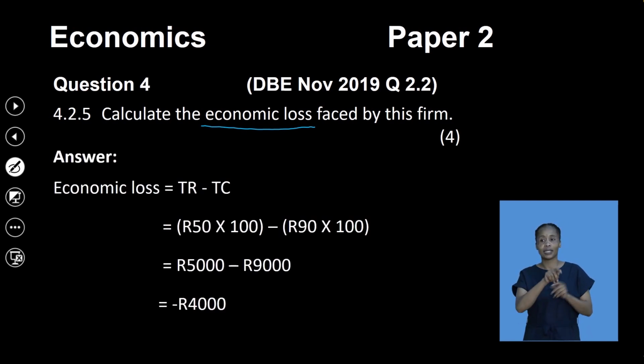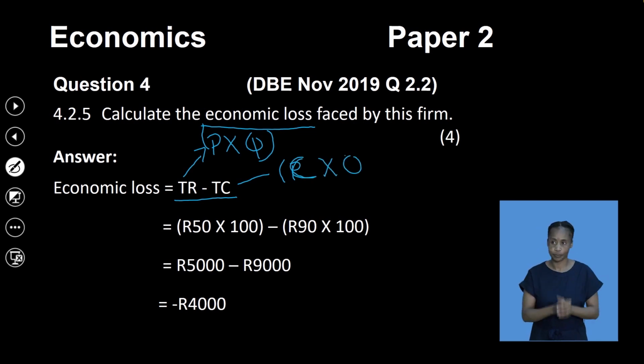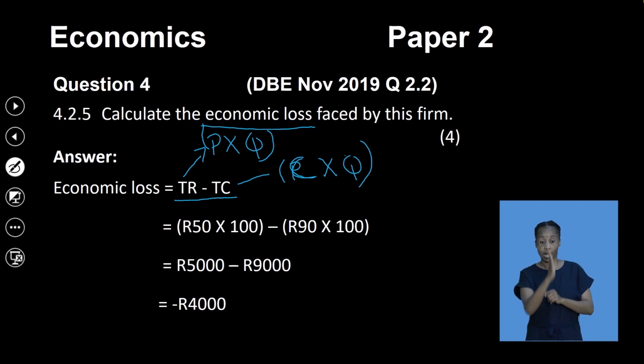Right, so economic loss equals total revenue minus total cost. How do we find total revenue? It's price times quantity, bracketed. How do we find total cost? It's cost times quantity. From the graph, our price is 50, we've already identified that.